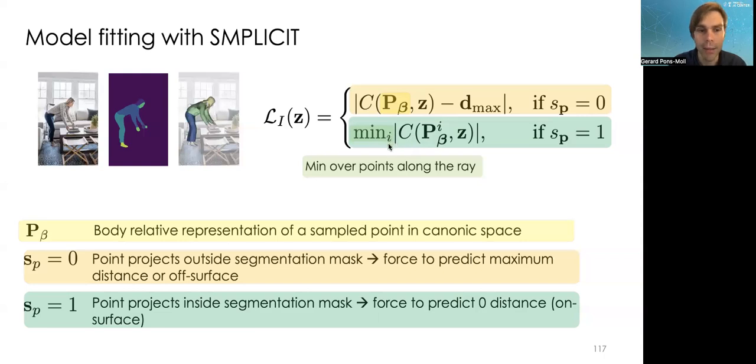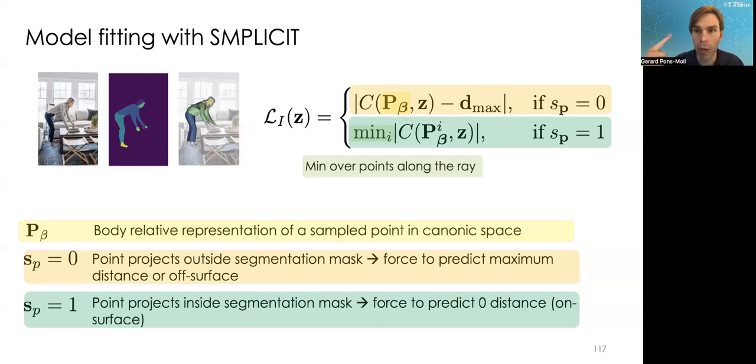This I here is taking the minimum over the points along the ray, because there might be multiple points that project to the same pixel. Basically, you consider the minimum along points sampled along the ray. Actually, points are not sampled randomly.